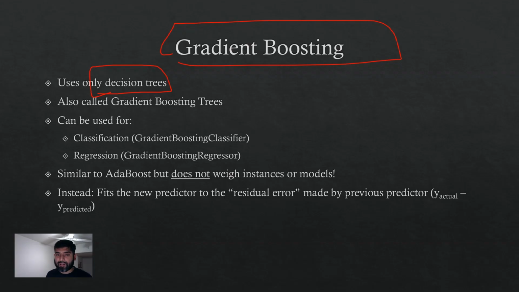I'll repeat, it does not reweight the data, but it fits new models to the residual errors. We looked at new models fitting the residual errors in adaptive boosting as well, but the gap between what was predicted and what actually happened is what gradient boosting really works on.